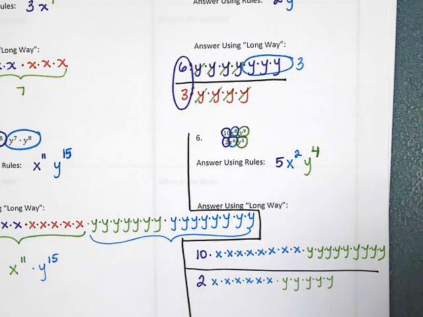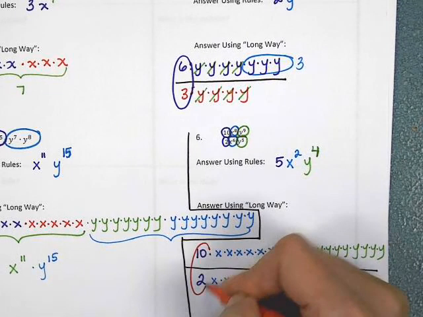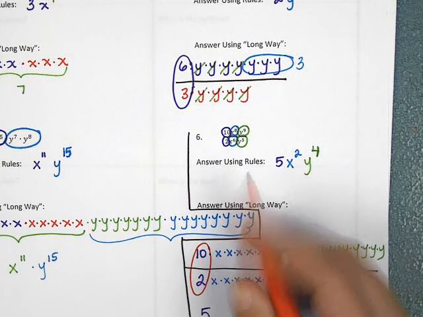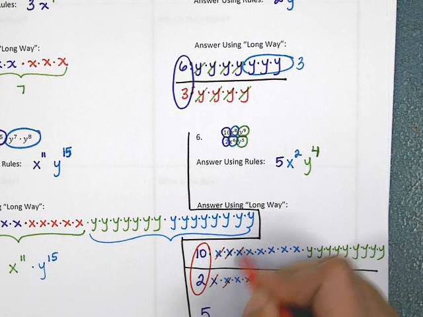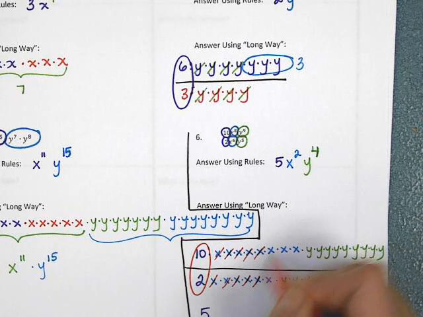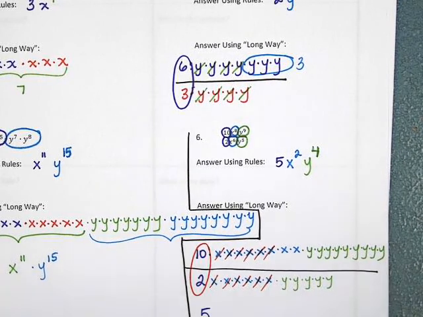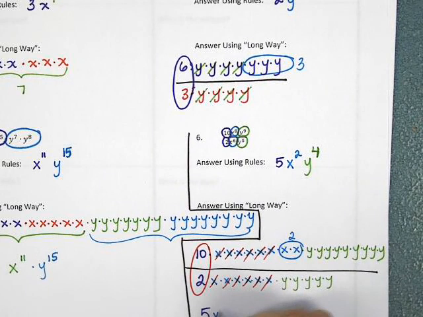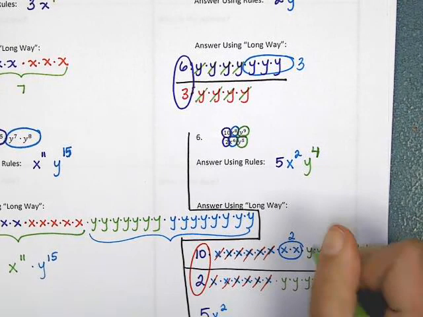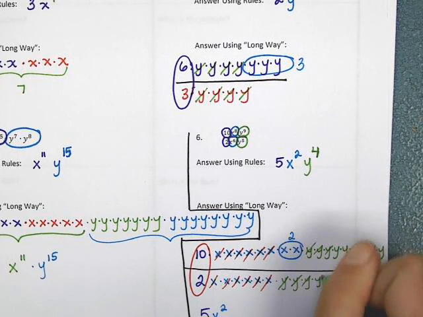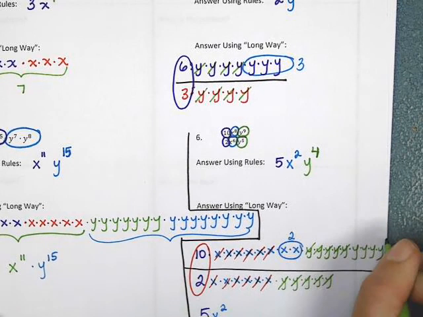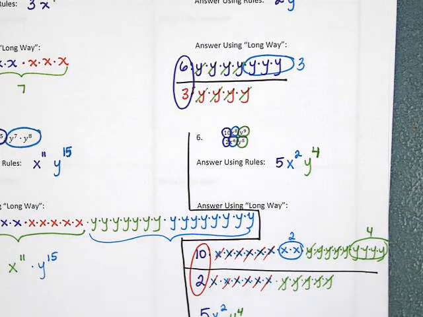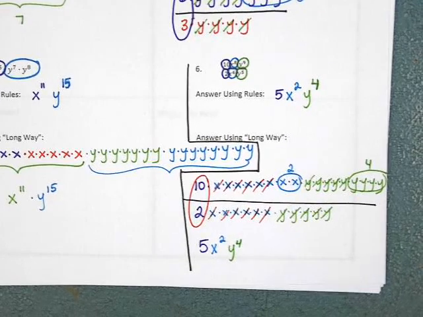Which means the 10 and the 2 divide, and that would give me 5. Cancel, cancel, cancel, cancel, cancel, cancel. So I would have 2 copies of x left. And cancel, cancel, cancel, cancel, cancel. So I would have 4 copies of y left, which is the same thing I got before. It's just 2 different options for doing the same problem.